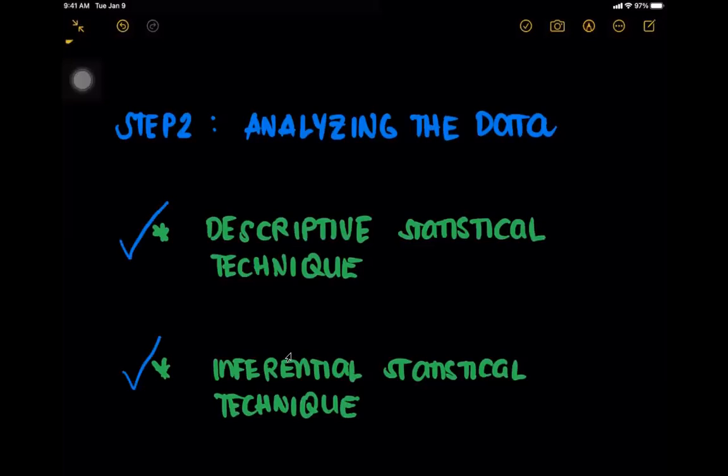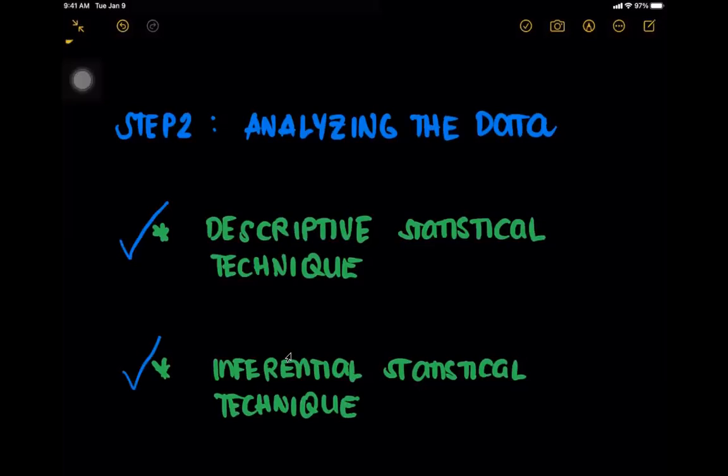All right. Now, the one thing that beginning researchers often use tells us the aspect of categories of data. And in here, we now begin with the descriptive statistical techniques. Your descriptive statistical techniques would cover most likely your frequency distribution, your measures of central tendency, and even your standard deviation.